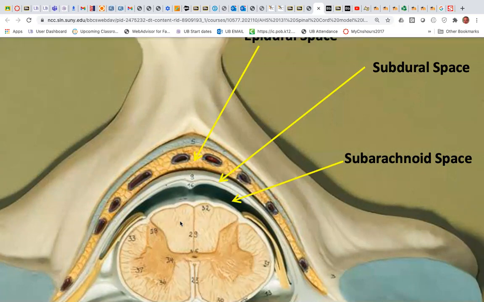Okay, and there's some other functions to it. It helps to bring some electrolytes and glucose into the brain as well. Now, between the dura mater and the arachnoid mater is the subdural space, because it's under the dura, subdural space.